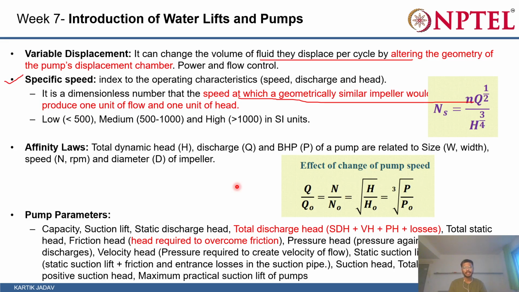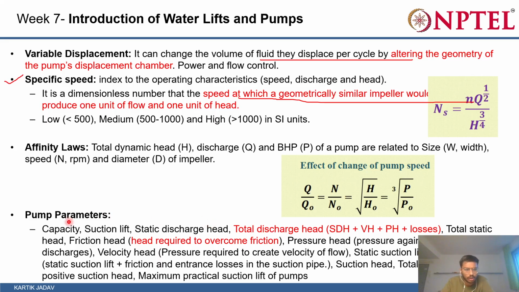It is given by Q/Q0 = N/N0 = square root of H/H0 = cube root of P/P0. So discharge and speed are directly proportional, while discharge is proportional to the square root of H and the cube root of power.